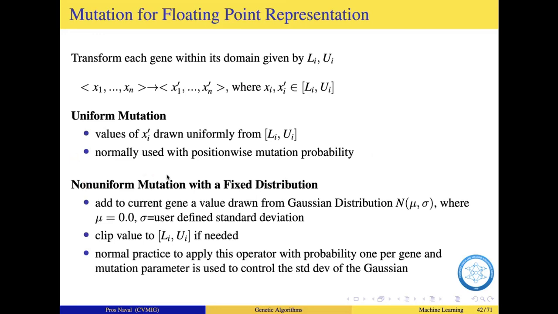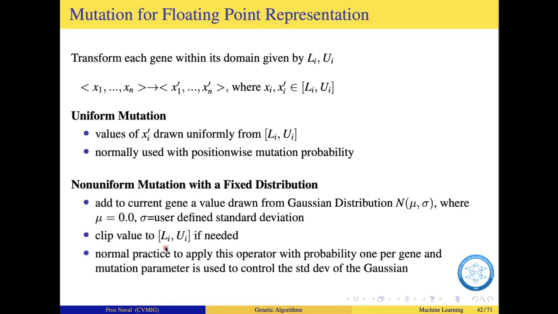For non-uniform mutation with a fixed distribution, what we do is we add to the current gene a value drawn from the Gaussian distribution, okay, with mean mu and standard deviation sigma. So normally mu is set to 0.